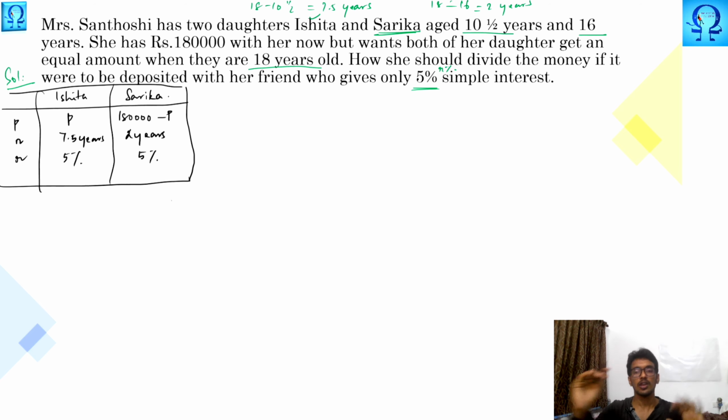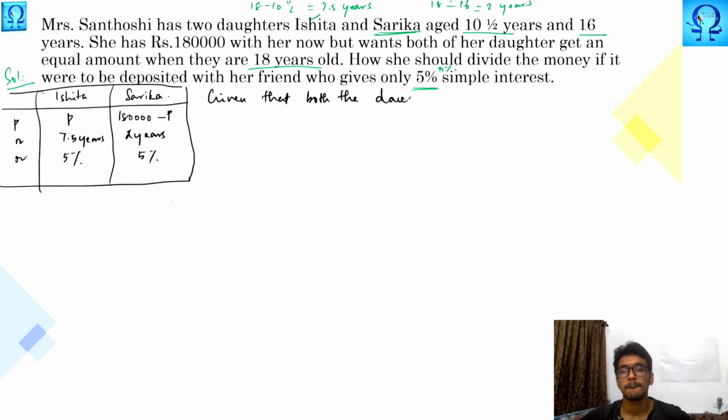This is the scenario, right? It is also given that both the daughters should get an equal amount.